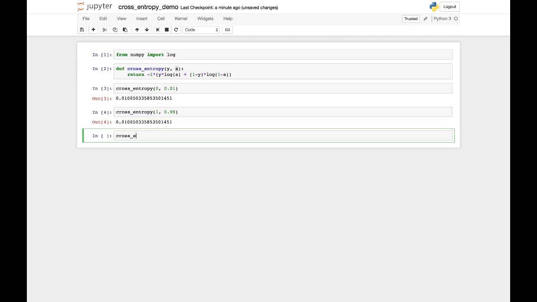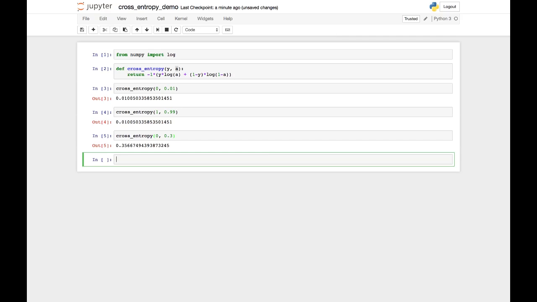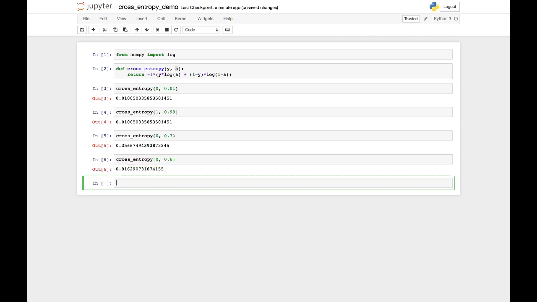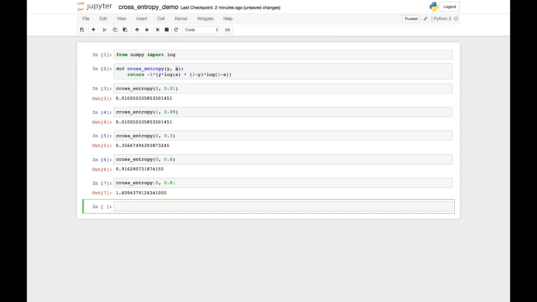But the larger that the true value gets from the value output, the larger the cost becomes. So we just have a few examples here where 0 is the desired output, but we're not getting that. We're getting large deviations from 0. Then we see larger costs.